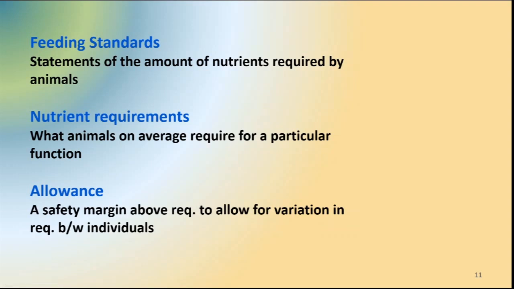We have to check our average and the particular group for which we are formulating, then we decide about the safety margin. So it is above the required amount of nutrient. The purpose of giving this allowance is to compensate for those animals whose nutrient requirements are more than the average.